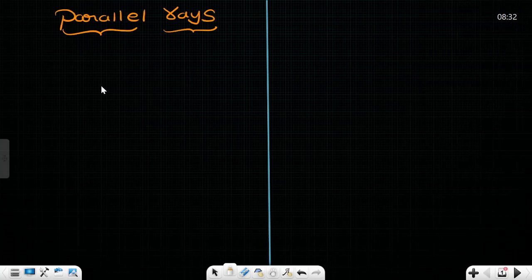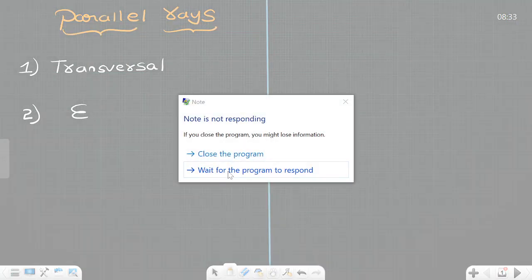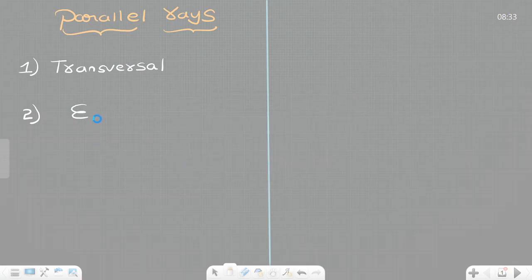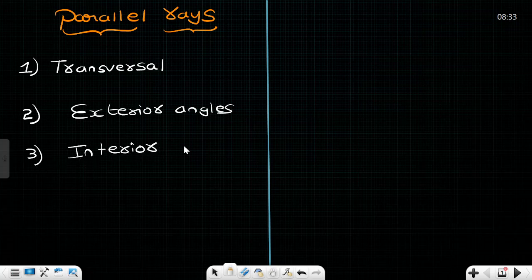Yeah. So in this mainly we are going to learn about transversal. Next, different angles the transversal making with the parallel rays. Exterior angles. Third, interior angles.